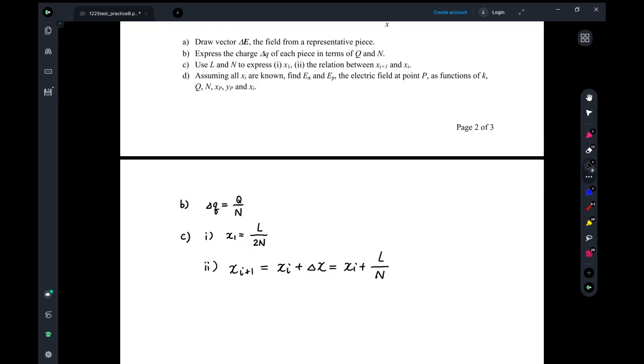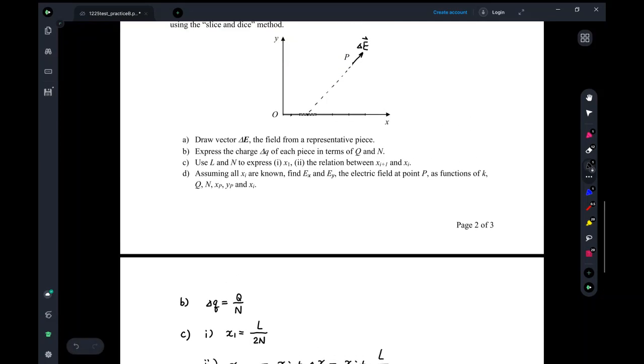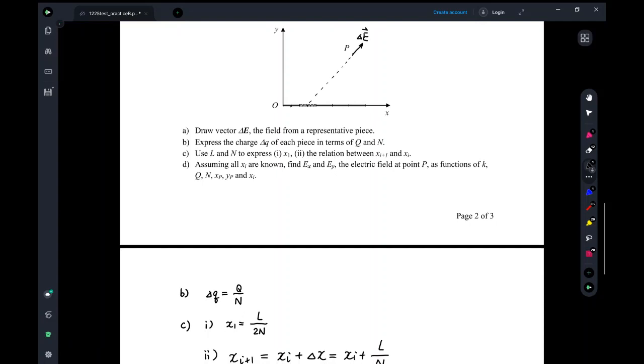D. Assuming all xi are known, find EY, the electric field at point P, as a function of K. So let's call this angle theta.